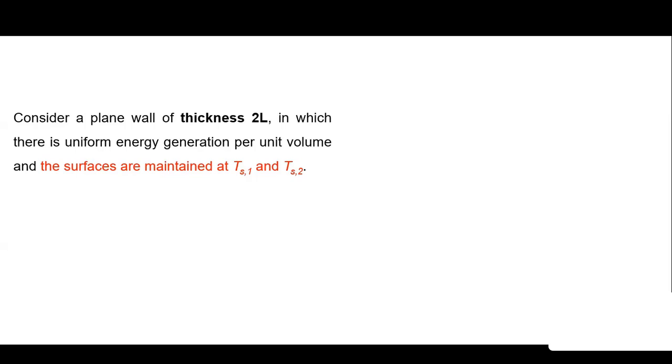Let us take a first example of a plane wall with known temperature. The plane wall is there, the temperature of the surface is known. Then how can we solve this problem? Let us consider a plane wall of thickness 2L.